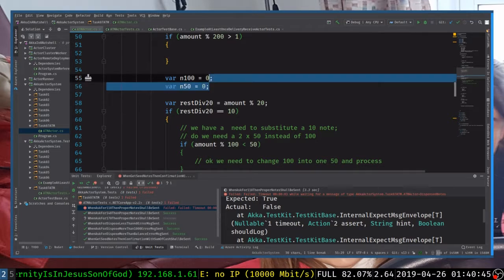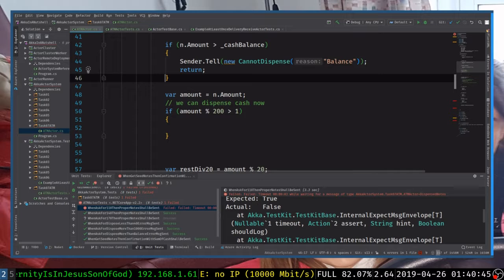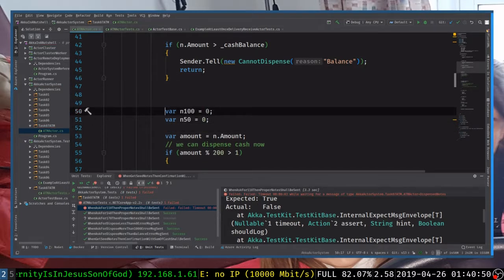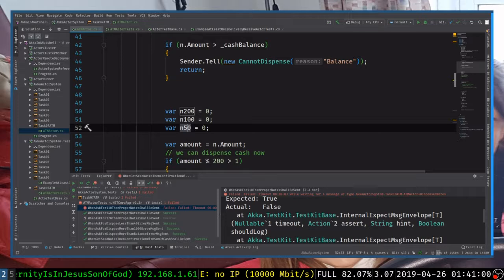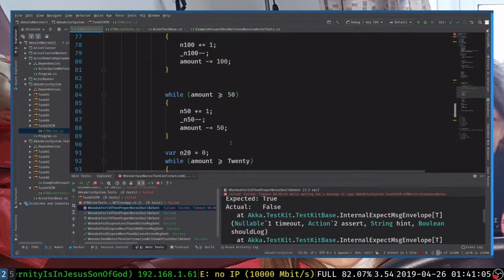And honestly, this declaration. Okay, and because we are not counting, so let's do this. And we will get an exception here.